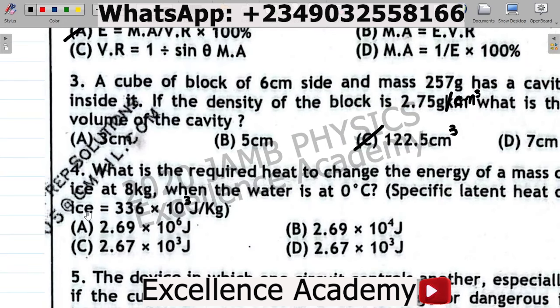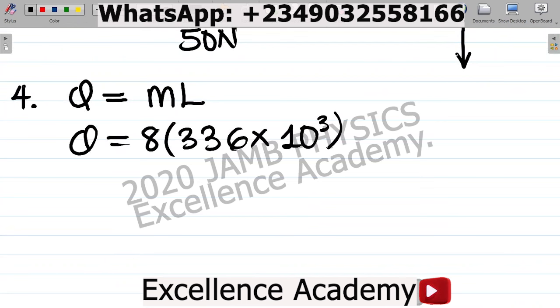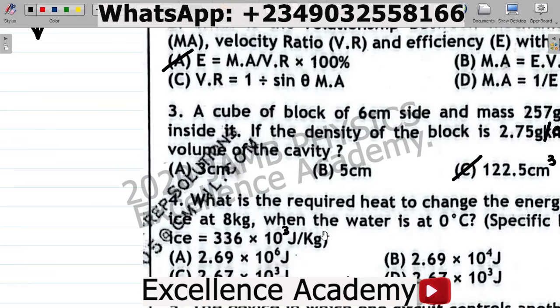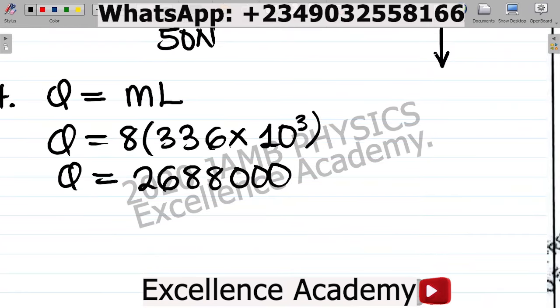To find this required heat, all we have to do is multiply these two numbers. So Q is equal to 8 times 336 times 10 to the power 3, which is about 2688000. I think the options are in index form, so let's produce this in index form.